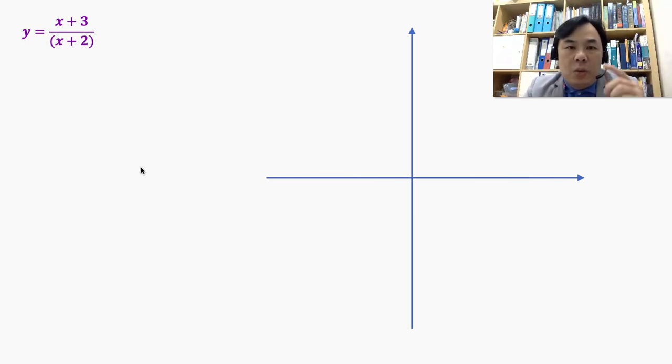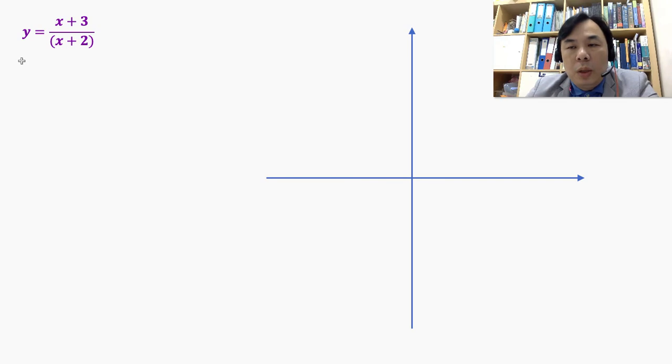That's the key idea here, right? So whenever you find that this is an improper fraction, we're going to convert it into a proper fraction by using long polynomial division. Okay, it's not really that long. So the first step is to perform the long polynomial division. Now we're going to do that in a while.